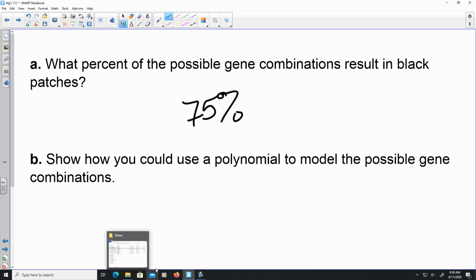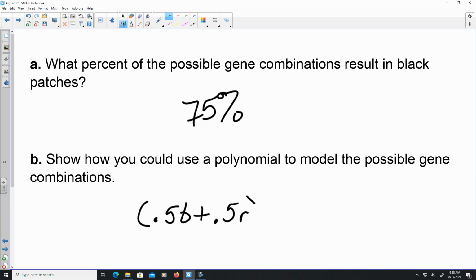So if each dog has half of it as a black patch gene and half of it as a red patch gene, you could rewrite this as 50%, which would be 0.5b plus 50% or 0.5r, and that would be quantity squared because of how the Punnett square model is illustrated.